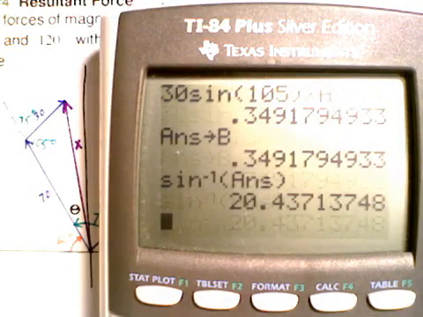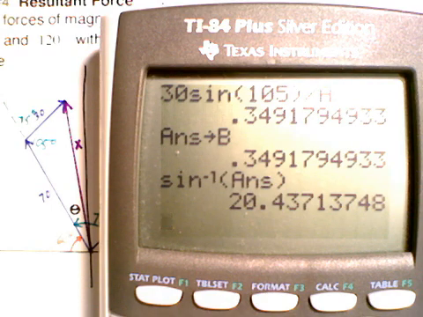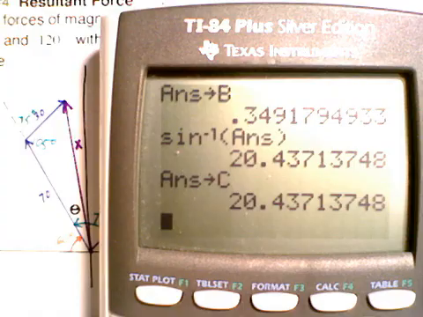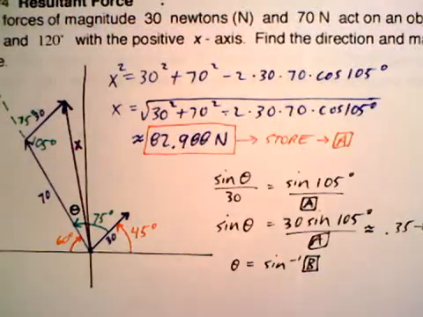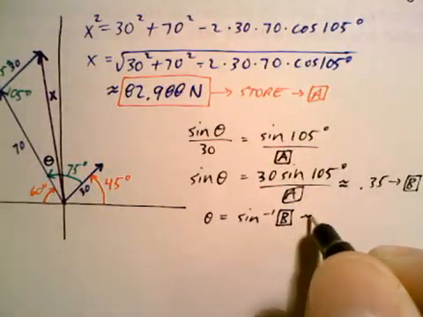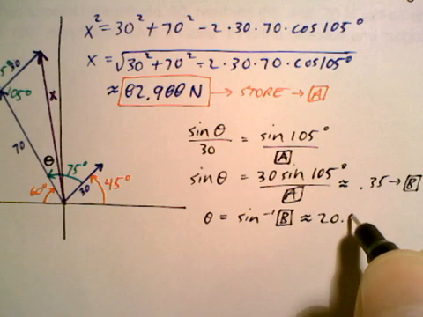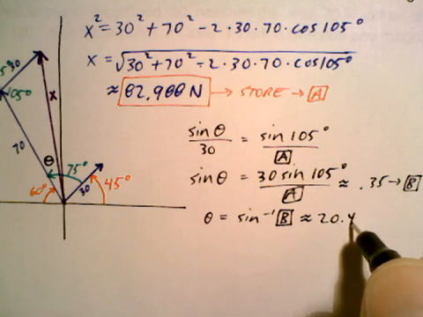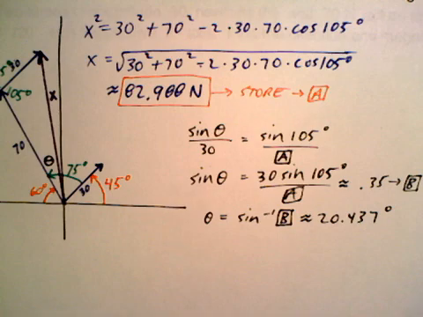Okay, and enter. So theta then is 20.437 degrees. I'm going to store that in alpha C in case I need to use that again. So theta is approximately equal to 20.437 degrees.